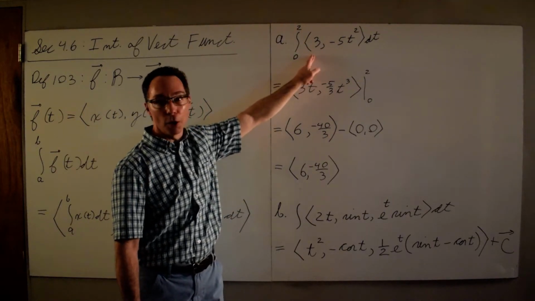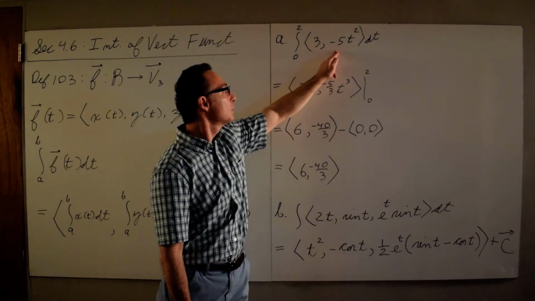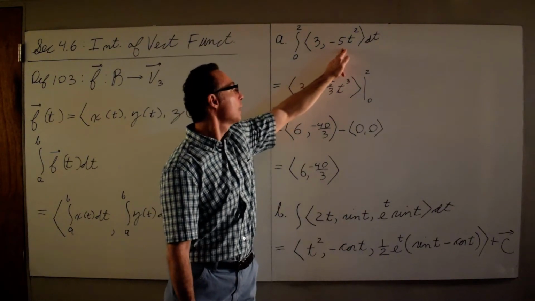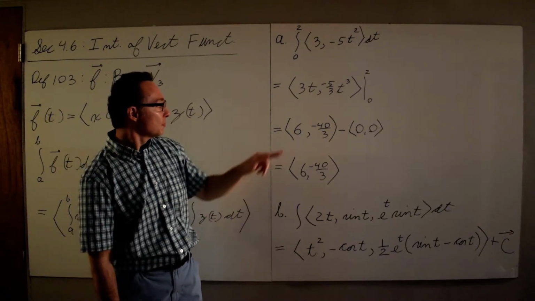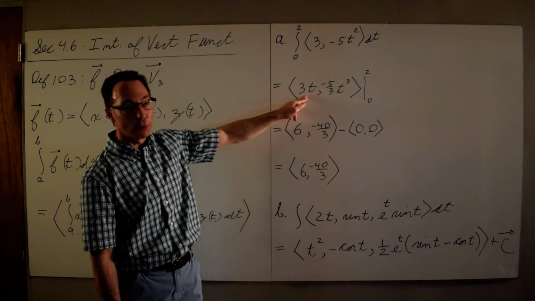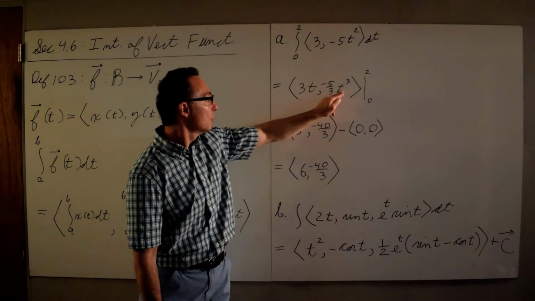So we integrate 0 to 2 of this vector valued function. I wrote it in the notes a little bit differently, as 3i minus 5t squared j. But we just find an antiderivative of each component. So we have 3t, negative 5/3 t cubed.